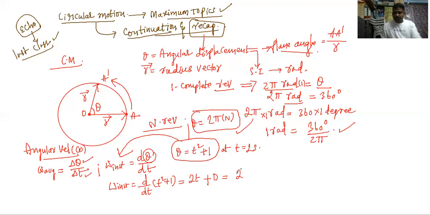So this is 2t, at t equal to 2 seconds, 2 into 2, it is 4.